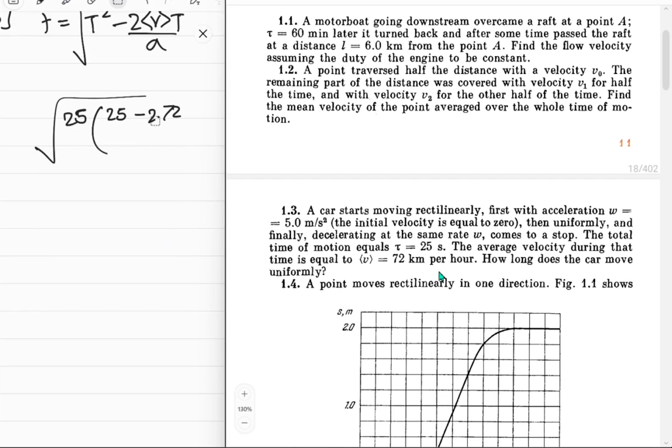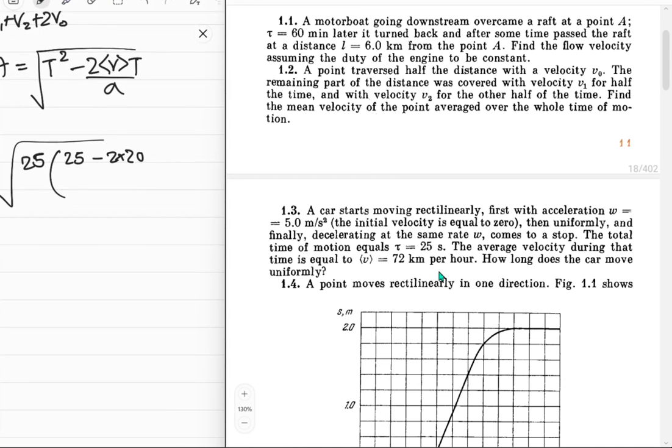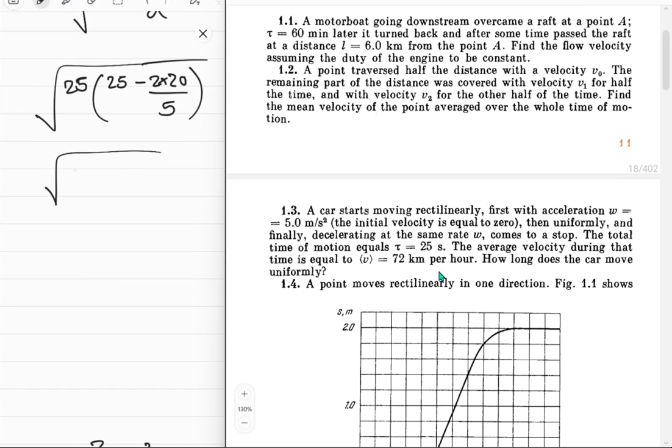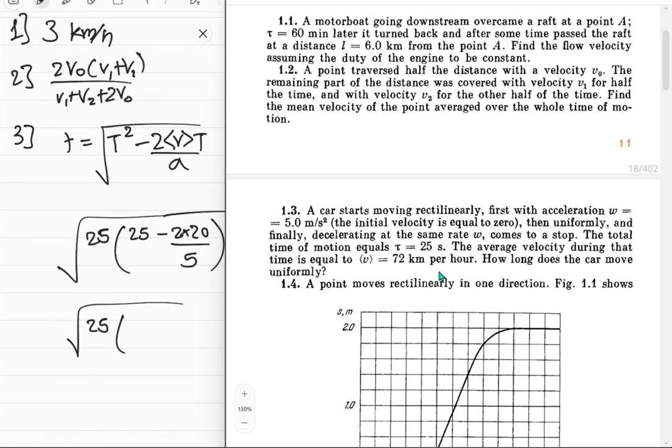That's the velocity. So it's going to be 2 into 20 into the time required. Acceleration is just 5 in SI units. So it's the square root of 25 into, and just to check, this thing gives us units of time.